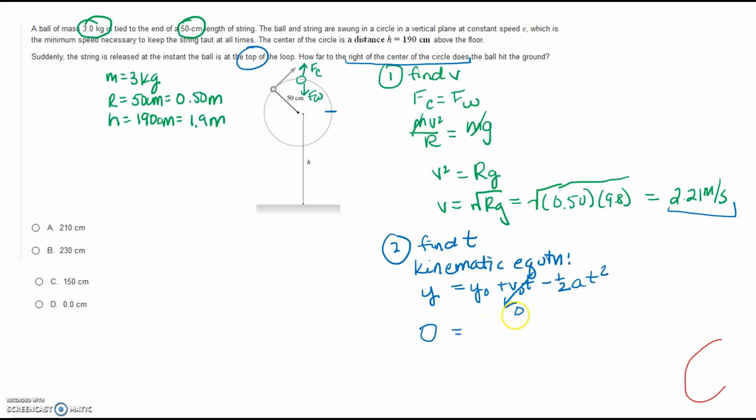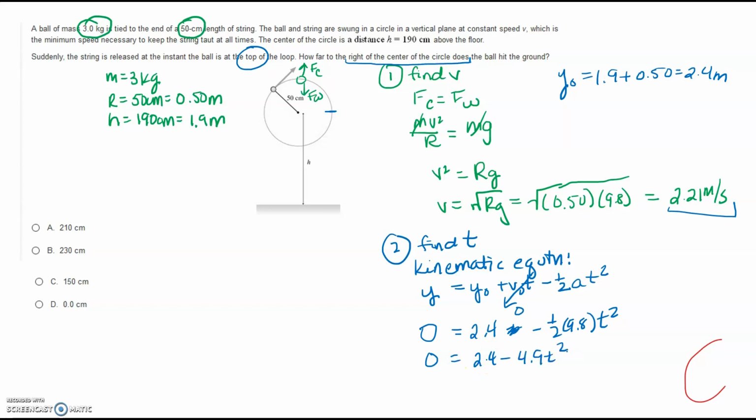Our y initial is going to be our 1.9 plus 0.5, which gives me 2.4 meters. So I have 2.4 plus, oh, that's a minus, 1/2 9.8 t squared. So 0 is equal to 2.4 minus 4.9 t squared. And t equals 0.699 seconds.